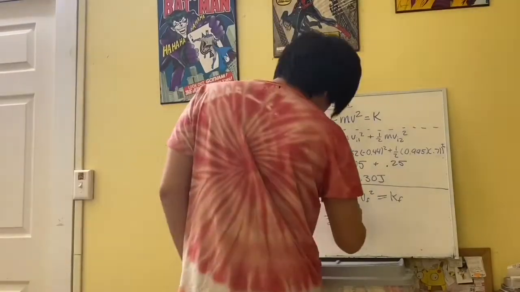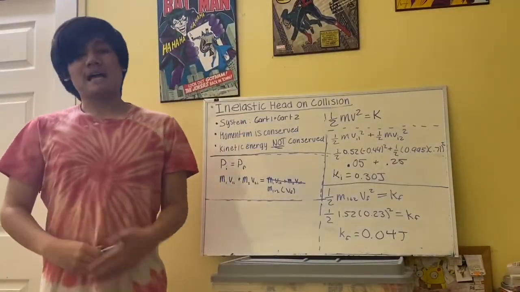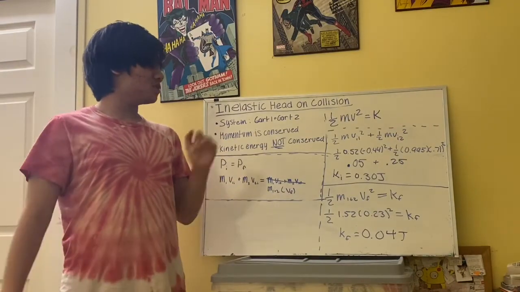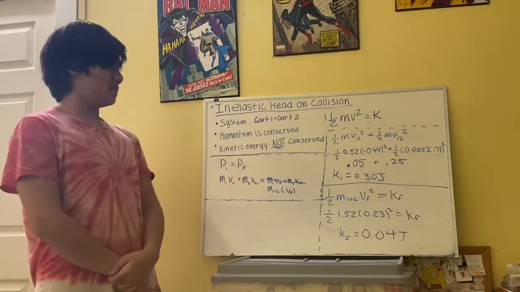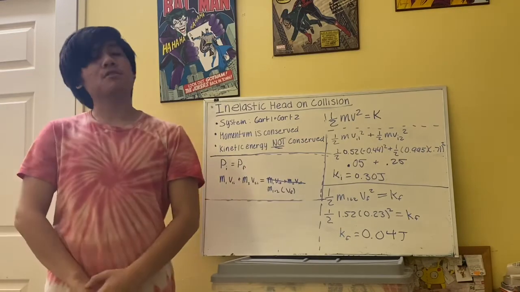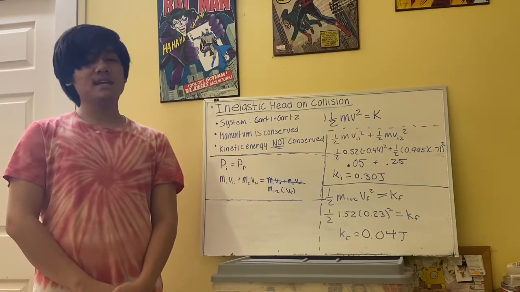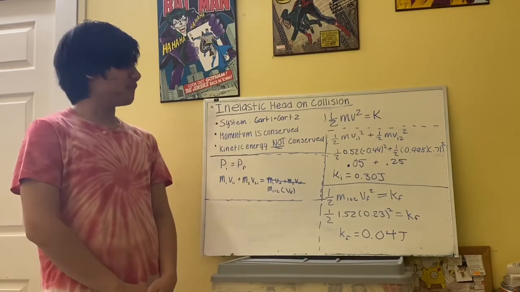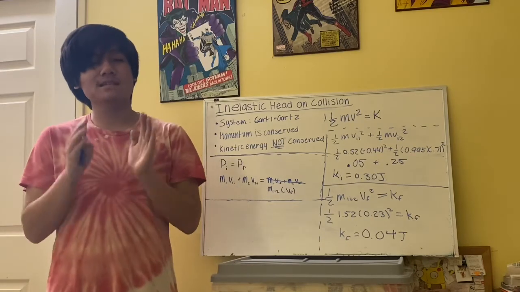When we place that into the equation, we have 1/2 times 0.52 plus 0.995 times 0.23 squared. So class, based on our calculations, we have an initial kinetic energy of 0.30 joules and a final kinetic energy of 0.04 joules, meaning that kinetic energy is not conserved because the difference between the two is so vastly large.